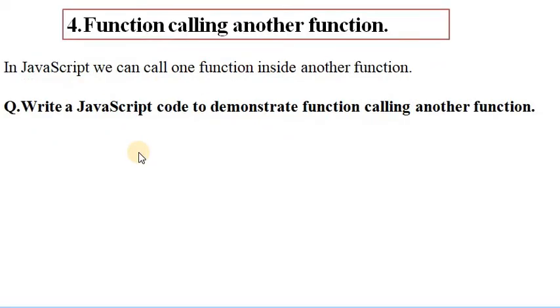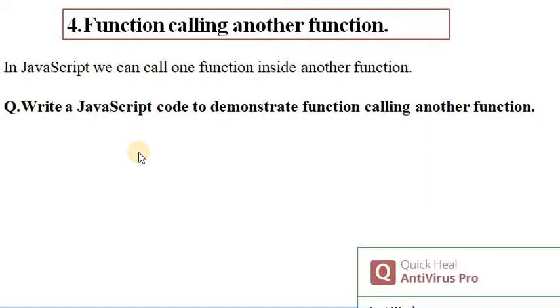Next point is the function calling another function. In JavaScript, we can call one function inside another function. Sometimes in a large scale application which consists of many functions, there may be a requirement that a function is calling another function, which further calls another in a chain.